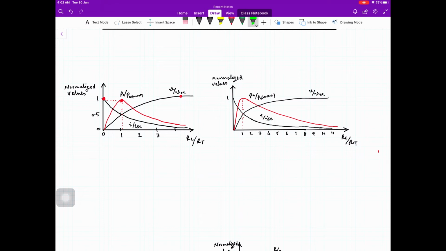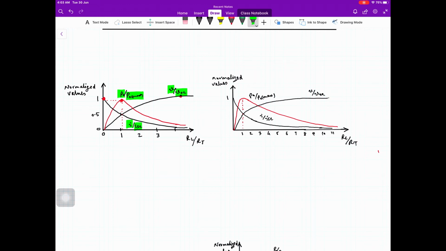We plot output power divided by its maximum value. The voltage across the load divided by its maximum value, which is the open circuit voltage. We also draw current divided by its maximum value of current.